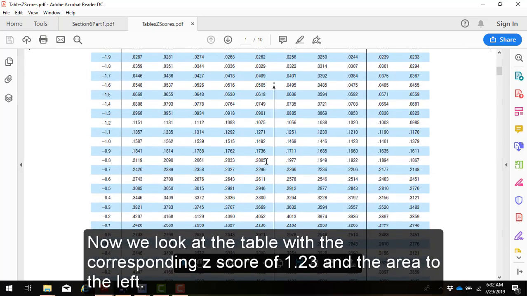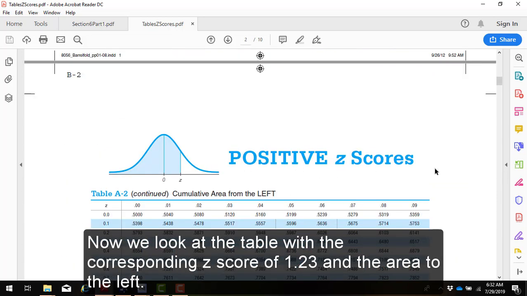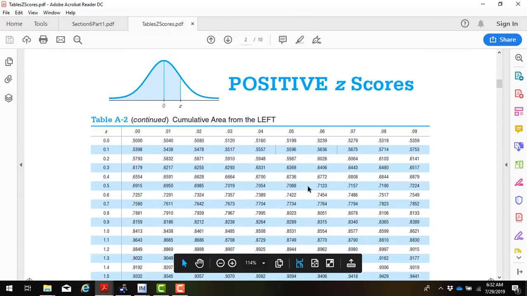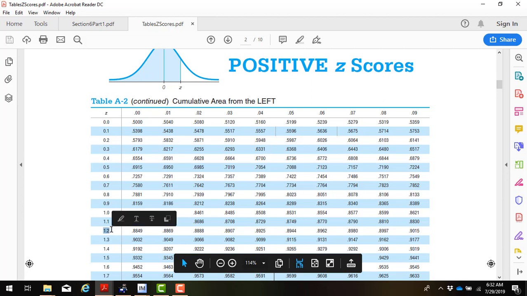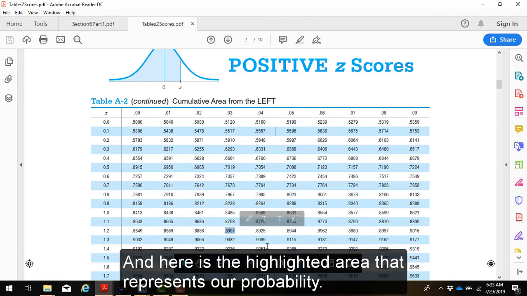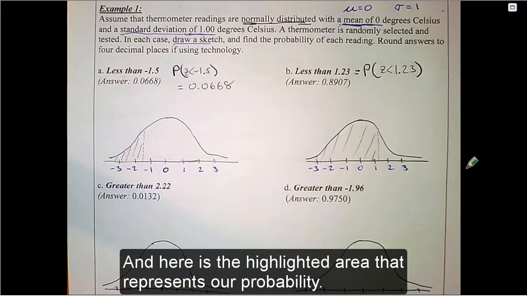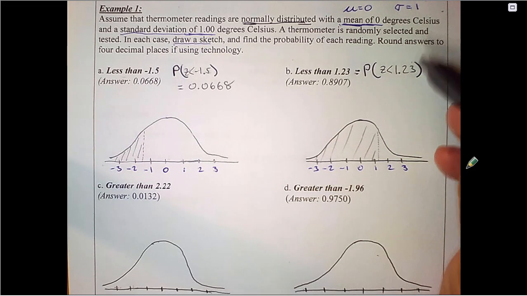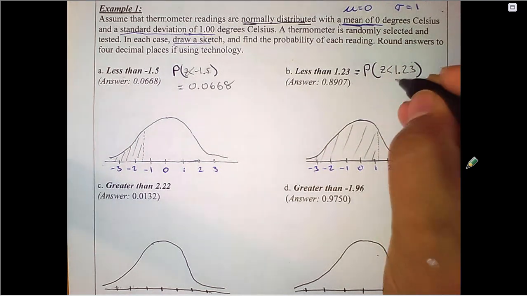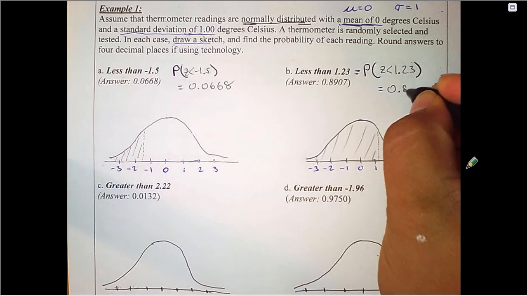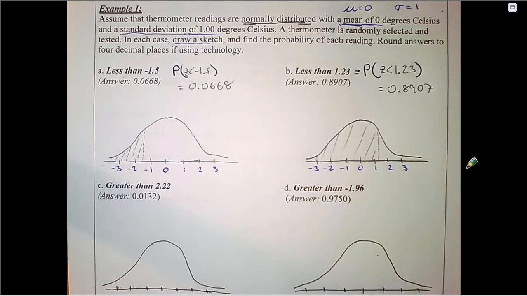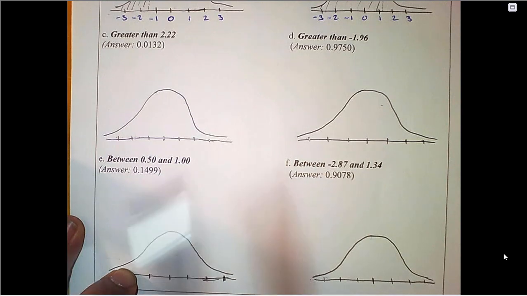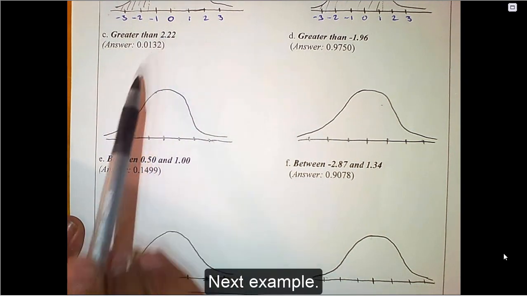Now we look at the table with the corresponding z-score of 1.23 and the area to the left. And here is the highlighted area that represents our probability. Next example.